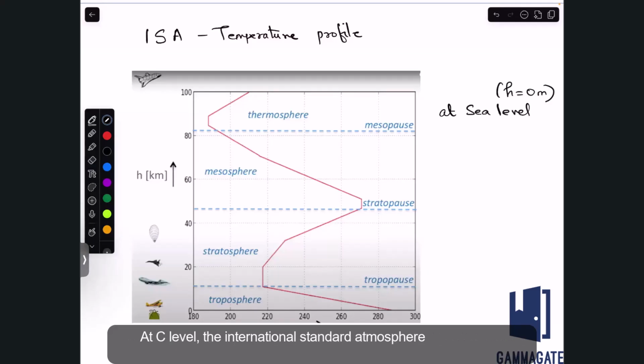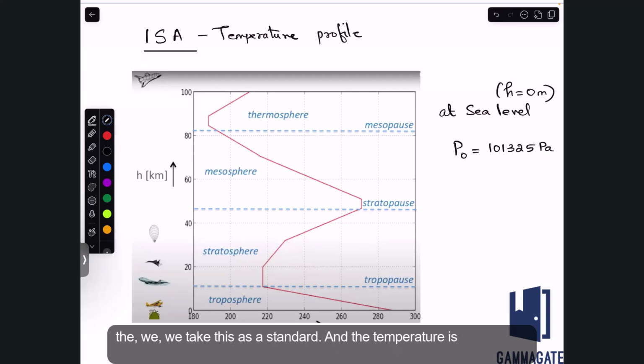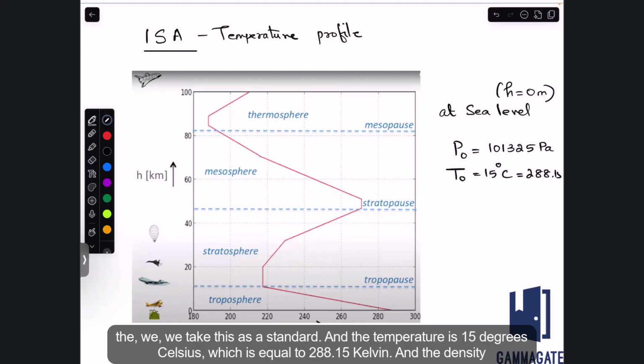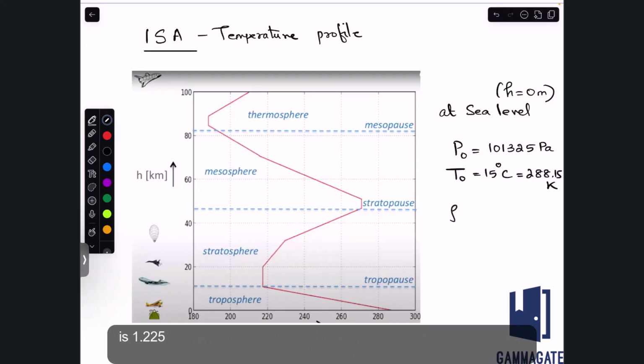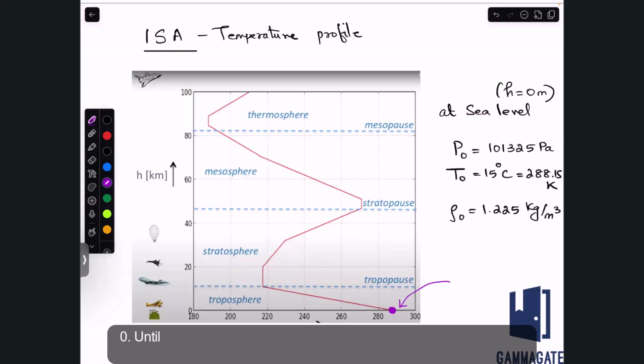At sea level, the International Standard Atmosphere says that the pressure is to be taken as 101,325 pascals. It is decided that we take this as the standard. The temperature is 15 degrees Celsius, which is equal to 288.15 Kelvin. And the density is 1.225 kg per meter cube. This is the starting value. That point is over here, where the height is 0.